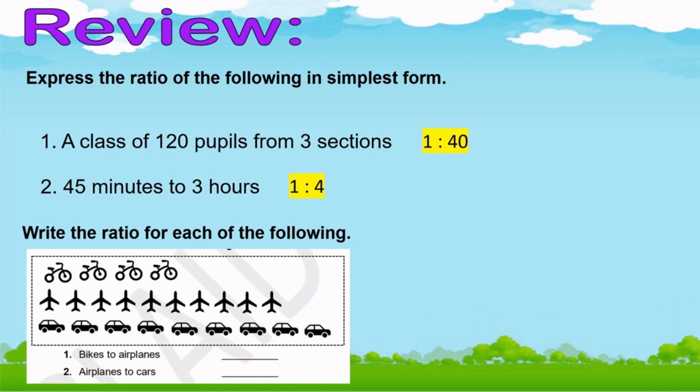Next, write the ratio for each of the following. Okay, we have an illustration here of bicycles, airplanes, and cars. First question: what is the ratio of bikes to airplanes? Your answer, please.